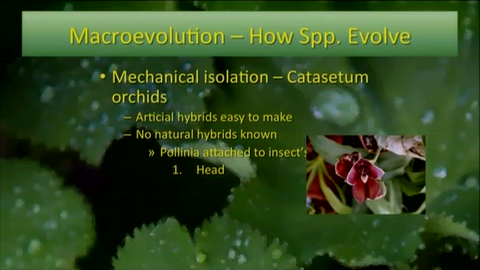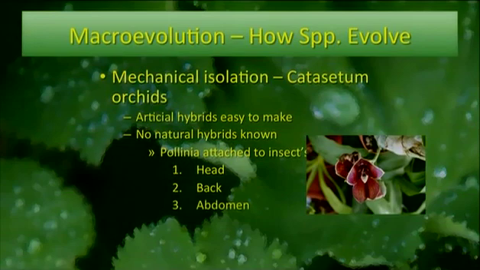Okay, you have pollinia attached to the insect's head in one case, to the insect's back in another case, to the insect's abdomen in a third case, and to the left front leg in a fourth case. So there are no natural hybrids known of Catasetums, even though Catasetums tend to fling out their pollinia, if they're triggered by an insect.